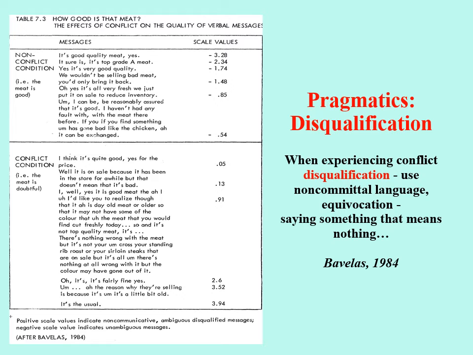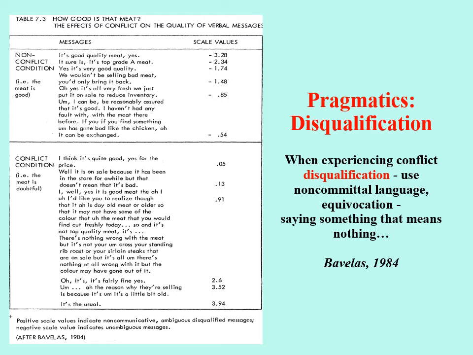Janet Bavelas has done research on this by asking participants to engage in sending messages which were intentionally full of conflict. For example, trying to sell something, in this particular case selling meat that is no longer fresh, puts a speaker into a conflict because on the one hand you're trying to sell the meat, on the other hand you have the demand of being honest.